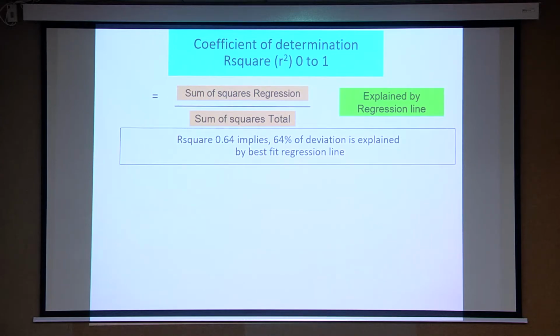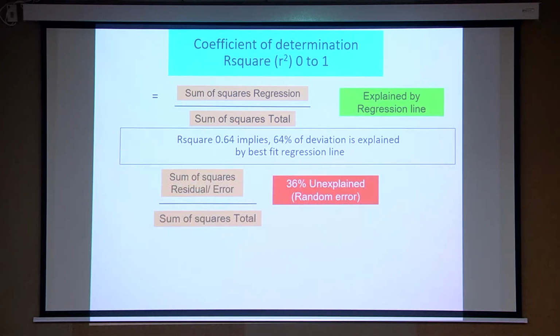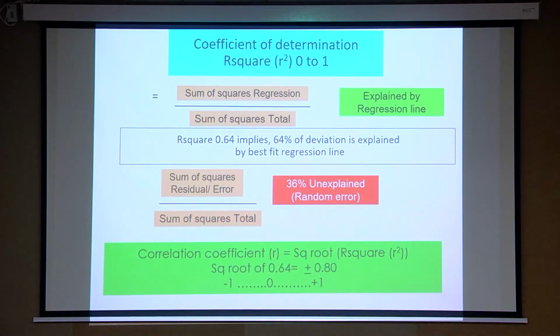If the r square is very low, that means the regression line is not able to explain the deviation, and all of the remaining percentage is error. So 36% is unexplained random error. And incidentally, the correlation coefficient is the square root of r square.